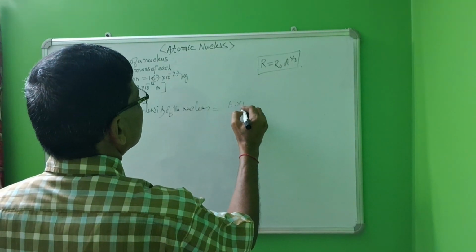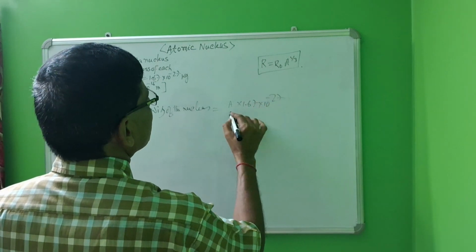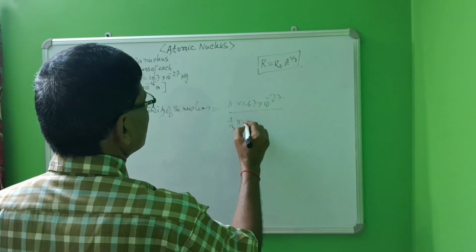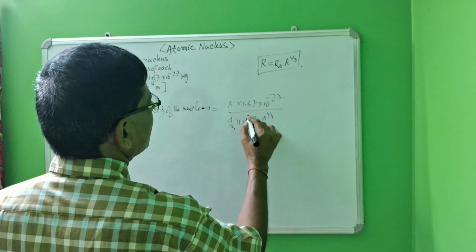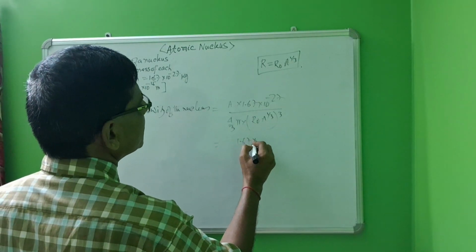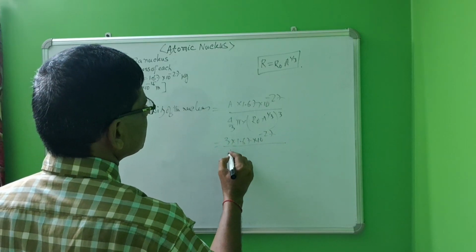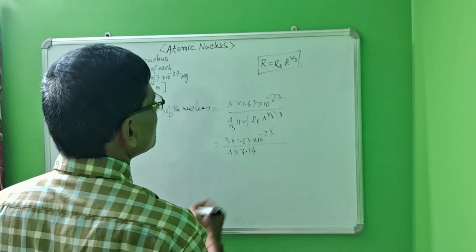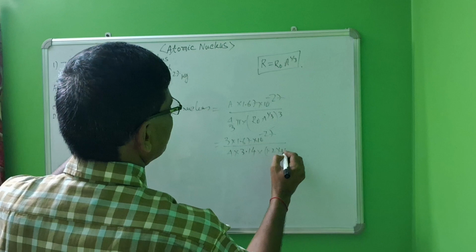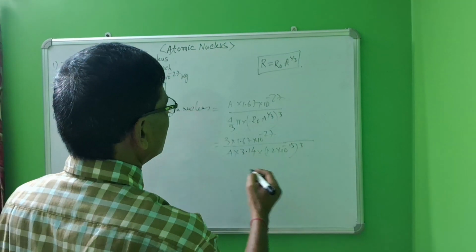So A into 1.67 into 10 to the power minus 27, divided by 4/3 pi into R0 cube, means 1.2 into 10 to the power minus 15 whole cube, into A, where A cancels out.